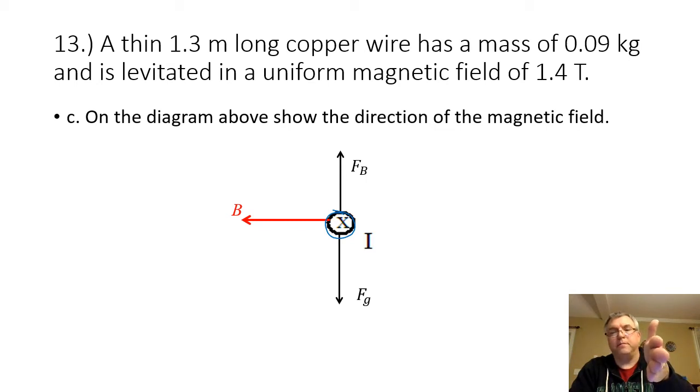And remember, it's the magnetic force that we're talking about here. So my thumb points in the direction of the magnetic force, and my palm is in the direction of the magnetic field. And my palm is shooting to your left, or we can say toward the west, or in the negative x direction. So the magnetic field is pointing to the west or negative x direction.